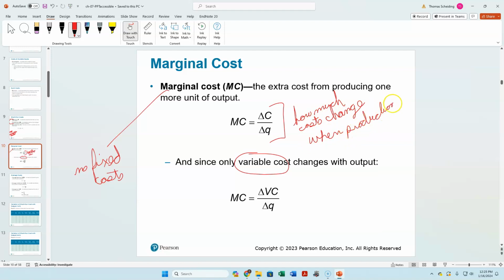And to make life easy, we typically have the denominator, the change in production, at 1. That way we can simply talk about the change in cost over 1.